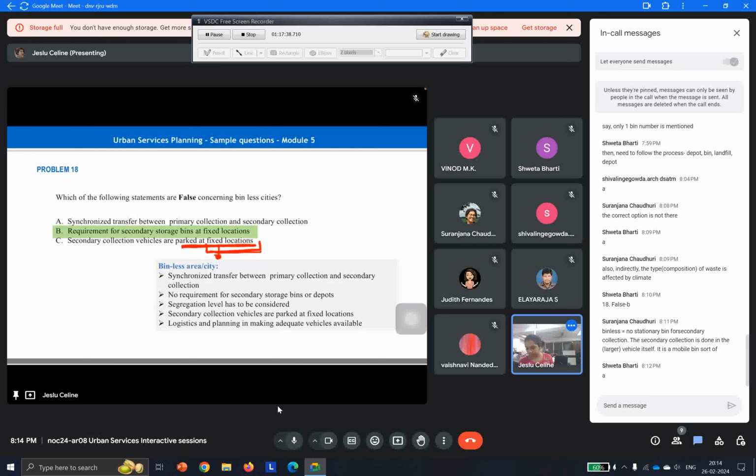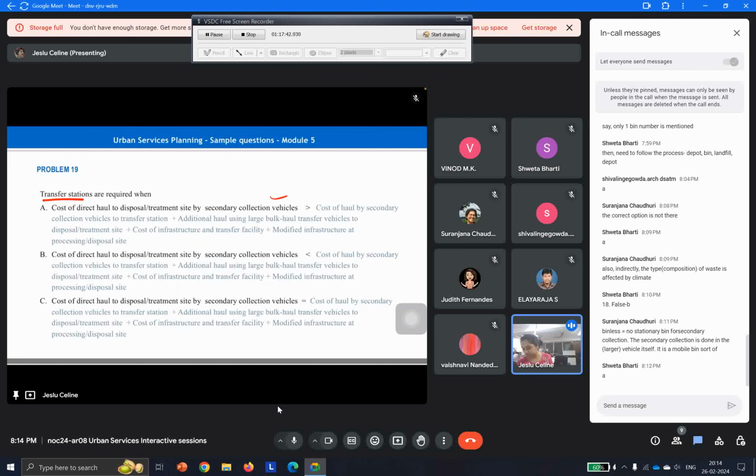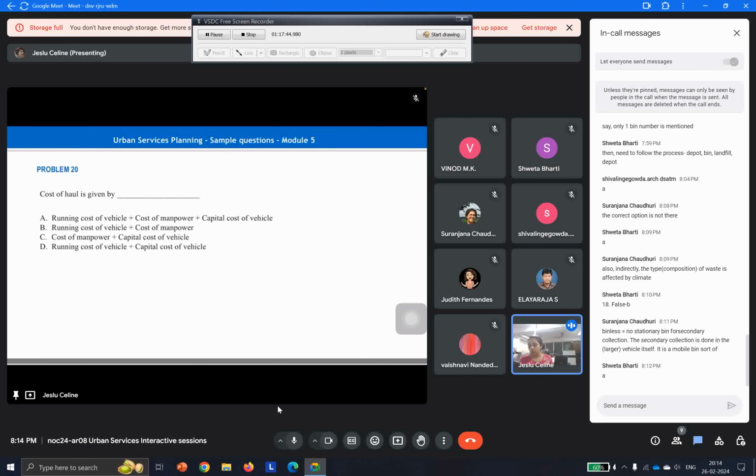Okay, right. So let's go to the next question. Cost of haul. In the previous question we discussed the cost of haul of directly transferring from the secondary to the disposal site. So we've been discussing cost of haul. Now, what does cost of haul comprise of? That's this question. A, running cost of vehicle plus cost of manpower plus capital cost.